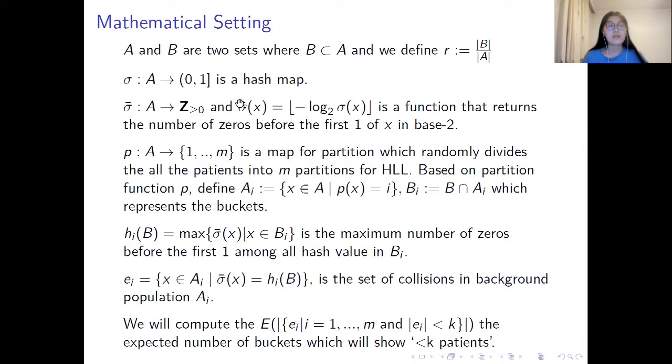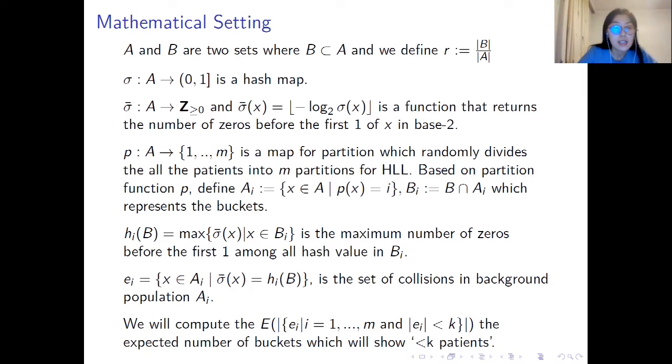Before we derive the theoretical formula, we have this mathematical setting. A and B are two sets that represent all patients. B represents patients with diabetes, and we define R as the ratio between the cardinality of B and A. R can be understood as the prevalence rate of some disease, like if we have a query such as how many patients have diabetes.